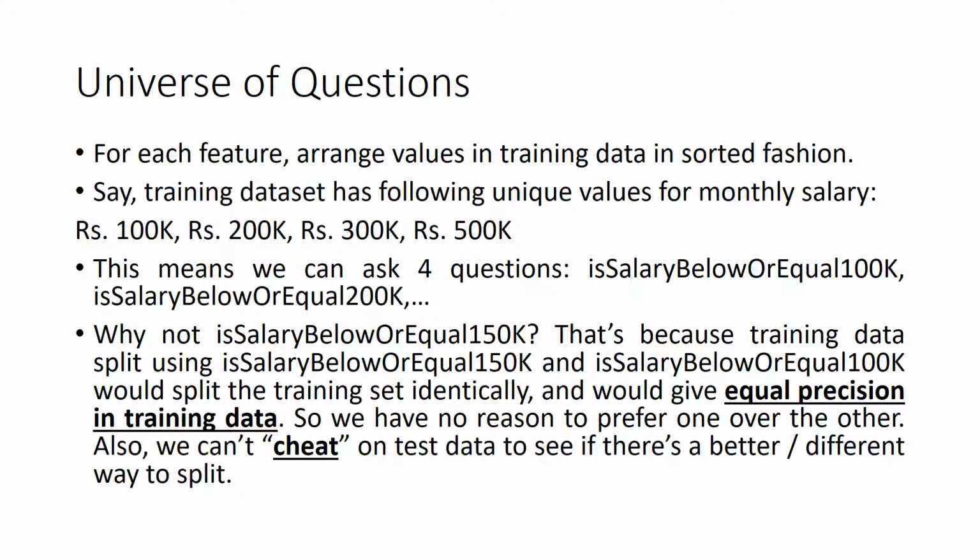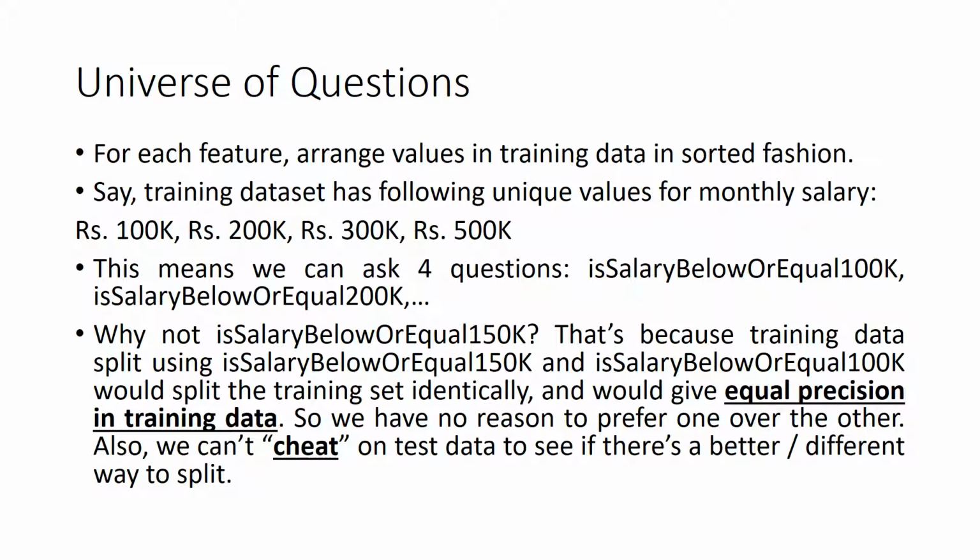Now 150K doesn't appear in the training data. So from a training data standpoint, 150K and 100K are going to split the training set identically, and that would mean equal precision in training data. Both trees will have equal precision in training data.